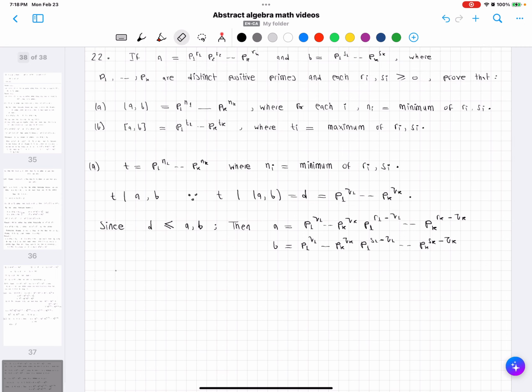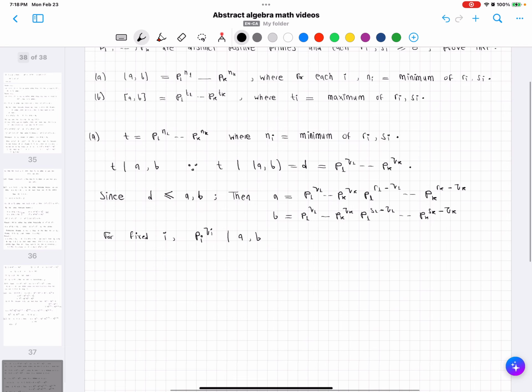And here, for a fixed i, we must have that Pi to the Li divides both A and B, so it must appear in both of them.